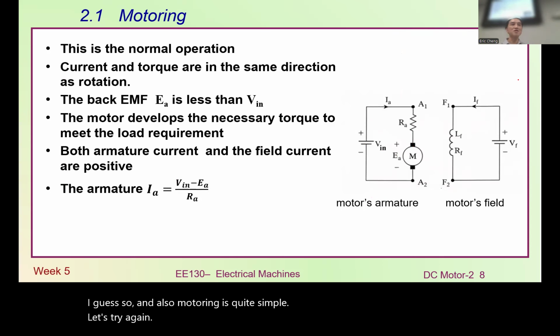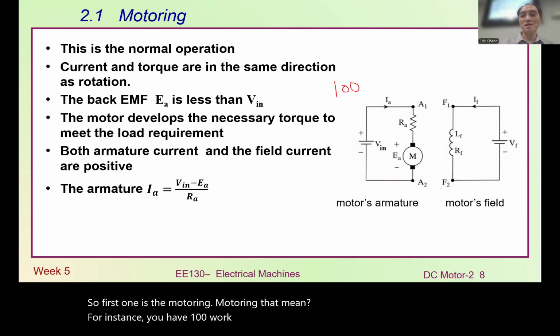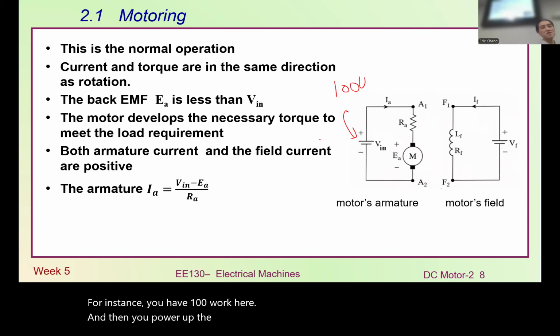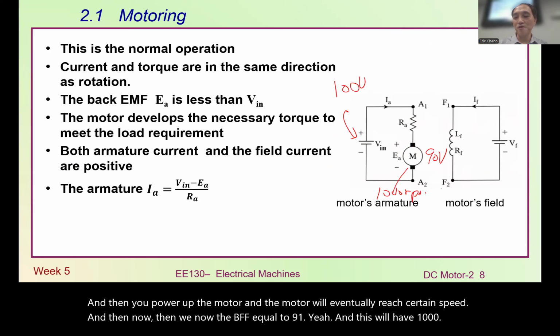So first one is the motoring. Motoring, that means, for instance, you have 100 volt here. And then you power up the motor. And the motor will eventually reach certain speed. And then now the back EMF equals 90 volt here. And this will have a 1000 RPM, for instance.